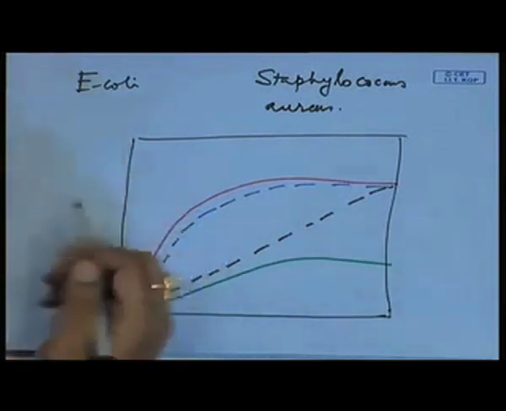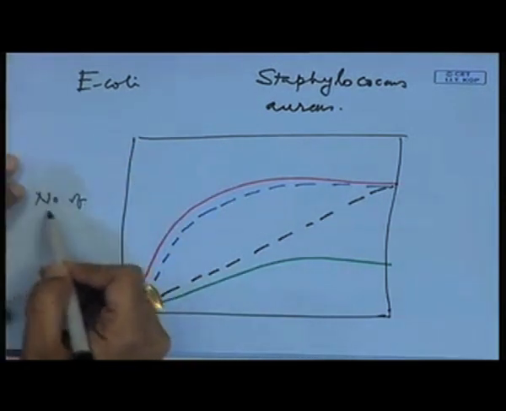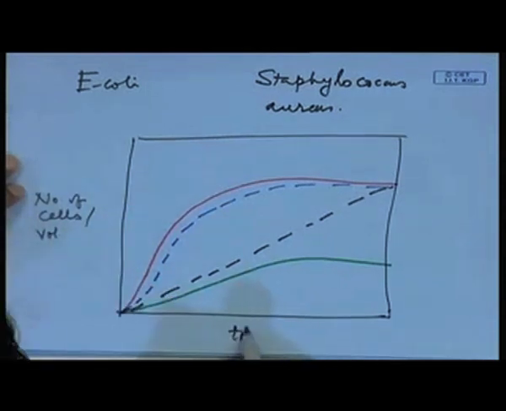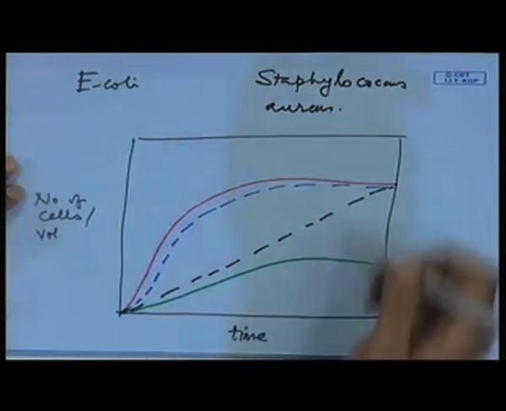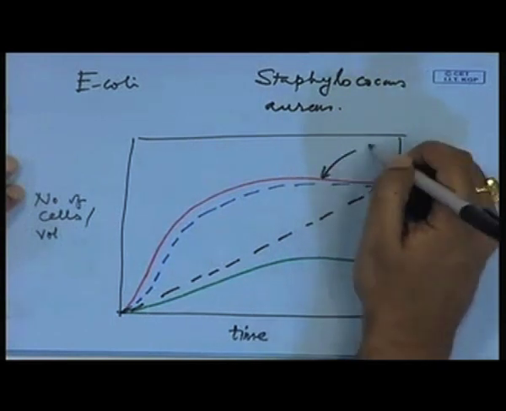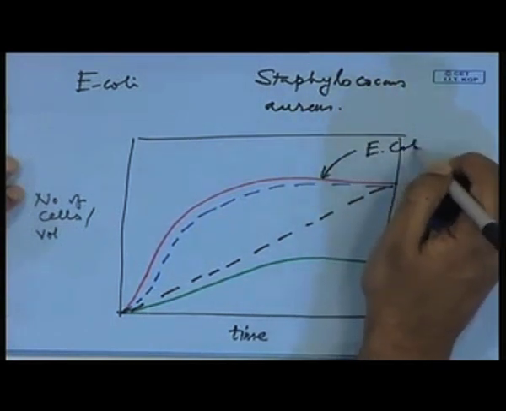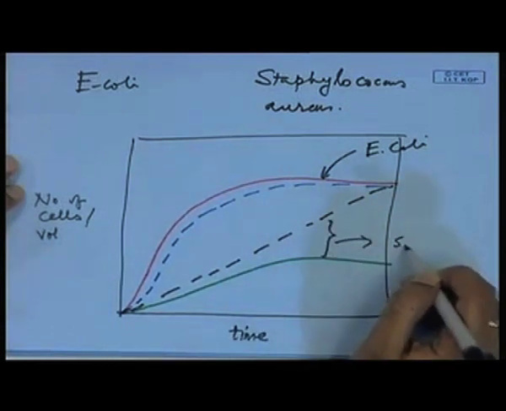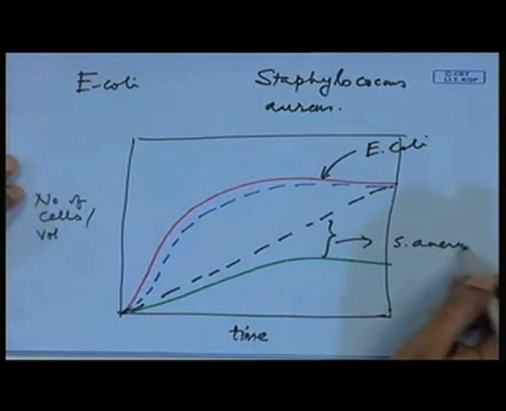Okay, I will explain everything. So, this is the number of cells per unit volume, this is time. These two are E. coli, and these two are Staphylococcus aureus.